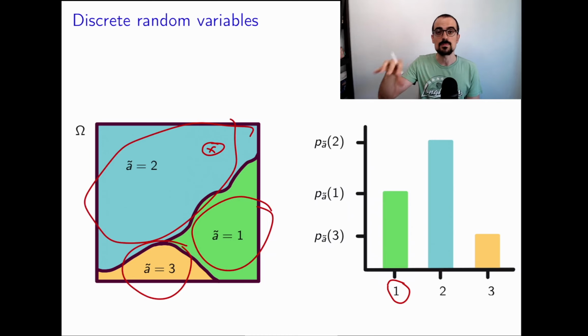So when we add up their probabilities, they must add up to the probability of the whole sample space, which is equal to 1, because they are disjoint and they cover the whole sample space, and the sample space has to have probability 1 because something has to happen, if you remember our definition of probability spaces a while ago.